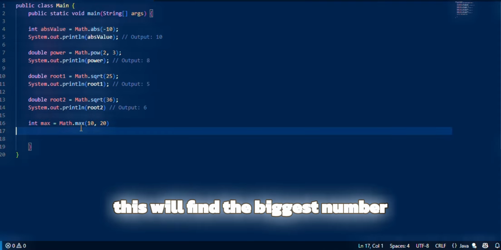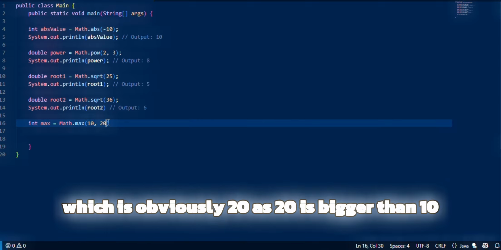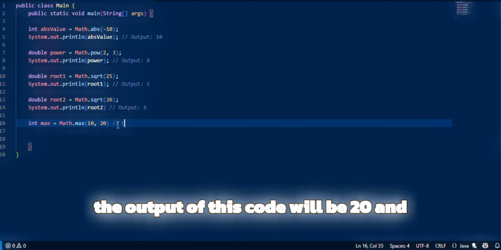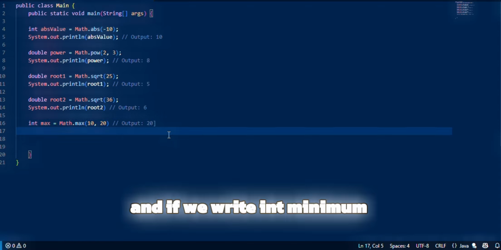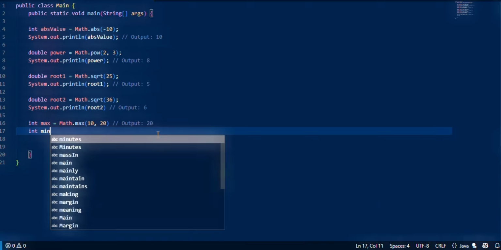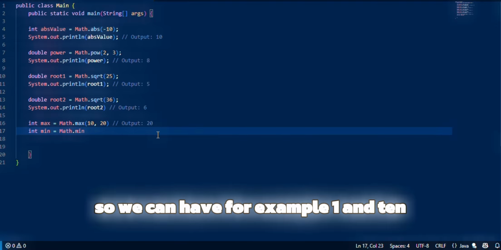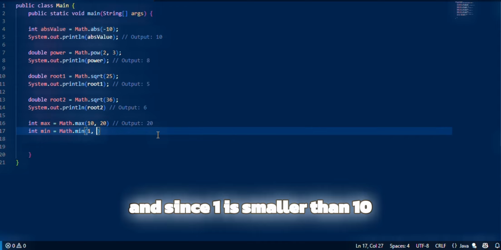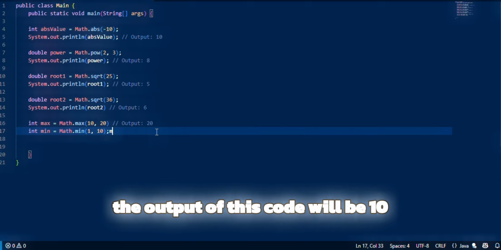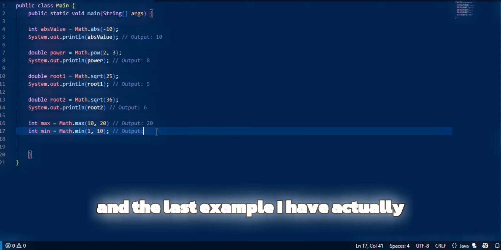If you write Math.max, this will find the biggest number out of these two, which is obviously 20, because 20 is bigger than 10. So the output of this code will be 20. If we write int min equals Math.min, this will find the smallest value out of the two. For example 1 and 10, and since 1 is smaller than 10, the output will be 1.